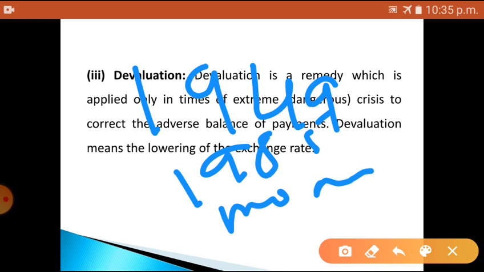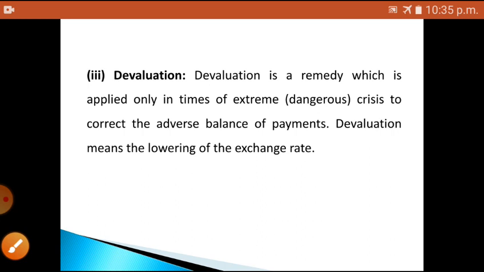The disadvantage of devaluation is that it shakes the people's confidence in the home currency.